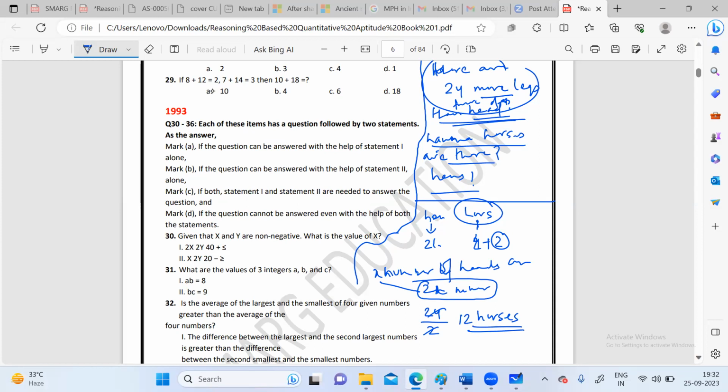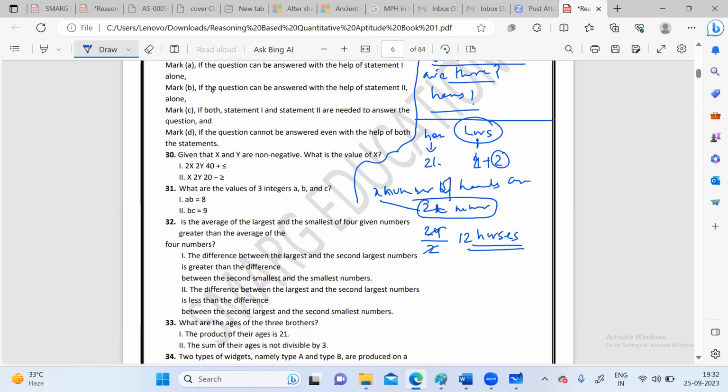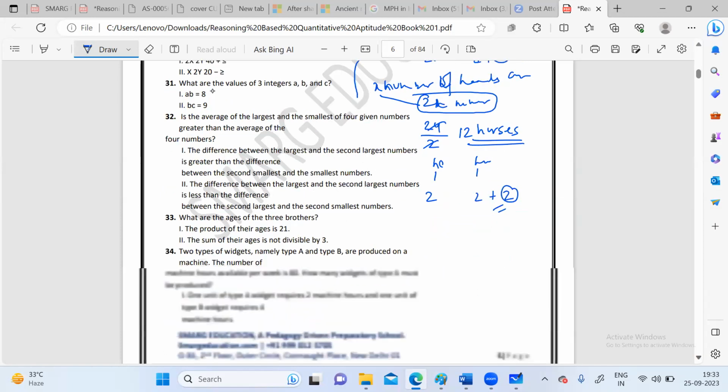Okay. So this is a small concept that you just need to remember here, that hens and horses are there. They can also ask in terms of ducks and dogs. So for each head, there will be two legs, and a horse will give you two extra legs. And with this logic, you will be solving the question there. Okay.